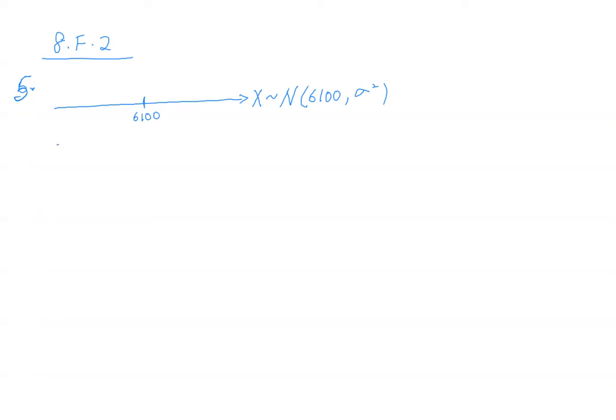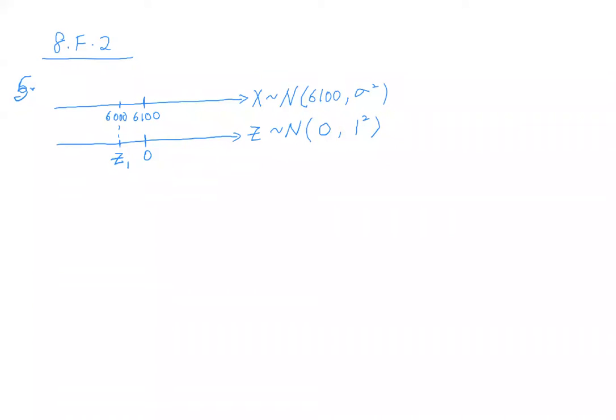The next line is the standard score, where the mean is 0 and the standard deviation is 1. Here you put 0. The question gives 6,000 here, so 6,000 has the corresponding z-score called Z1.